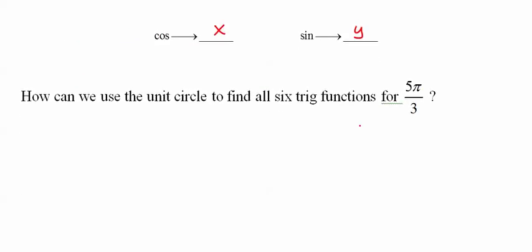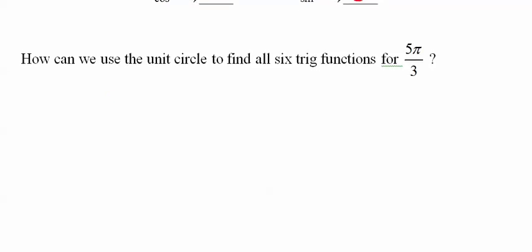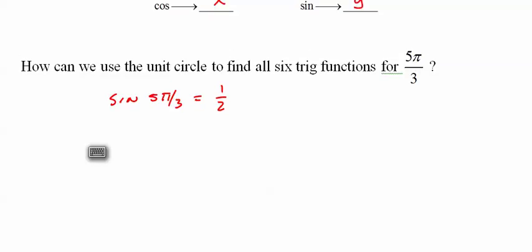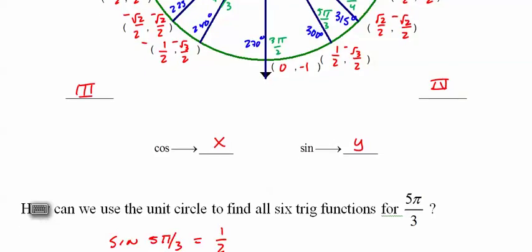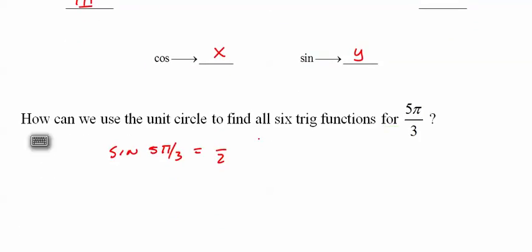So again, all 6 trig functions for 5 pi over 3. Sine of 5 pi over 3, I happen to remember, is 1/2. Well, let's see if I'm right. 5 pi over 3, well, I was thinking cosine. My bad. Sine is negative root 3 over 2. Cosine of 5 pi over 3, 1/2.